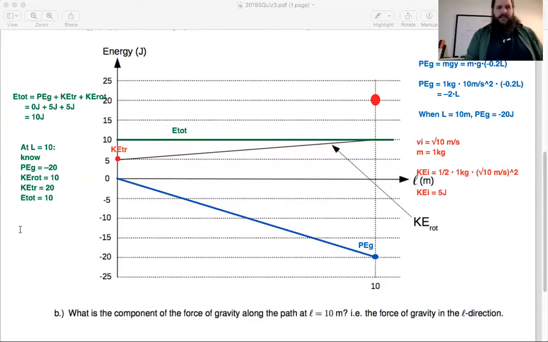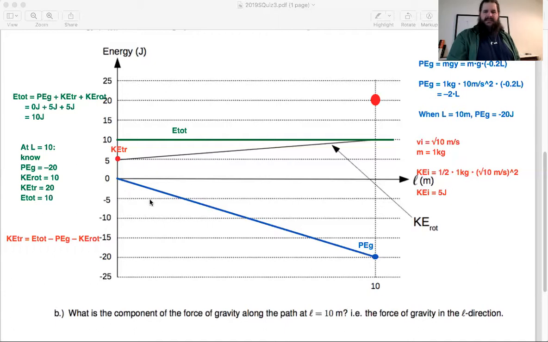We added up all of the energies and then subtracted it from E total. Yeah, translational kinetic energy is just E total minus all the other ones. So E total minus potential energy of gravity minus rotational kinetic energy. E total is a constant, but what do you notice about the shapes of the potential energy graph and the rotational kinetic energy graph? They're also straight lines. Right.